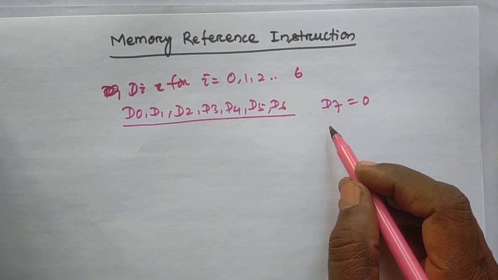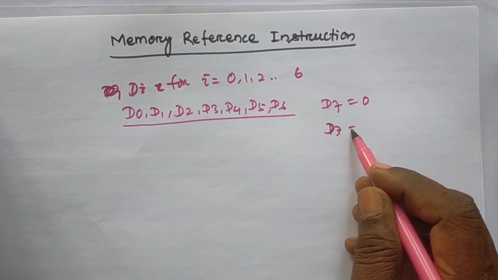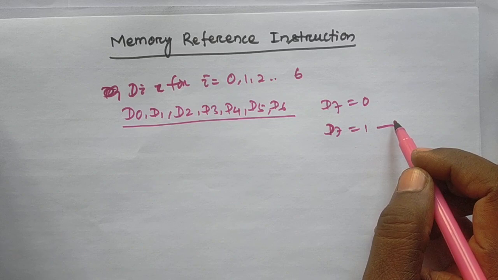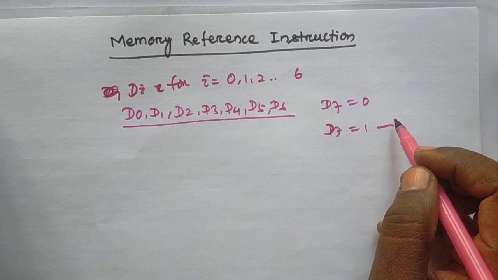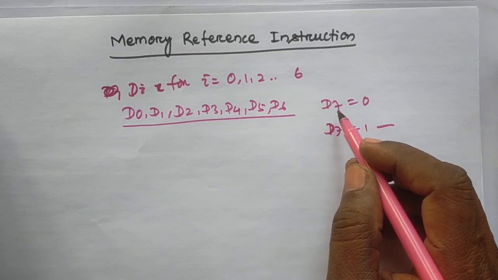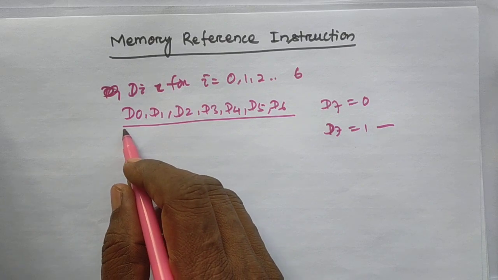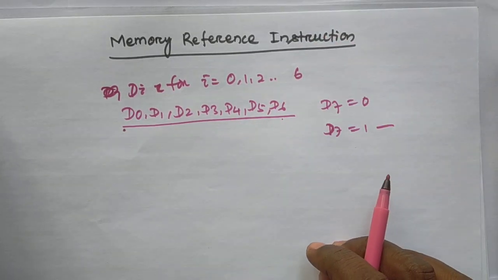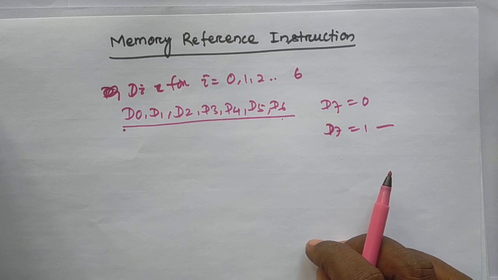If D7 is 1, then we can consider it a register reference or input output reference, which we have already discussed. But if D7 is 0, then we consider D0 to D6 for memory reference instruction. Okay, this is a very clear concept.